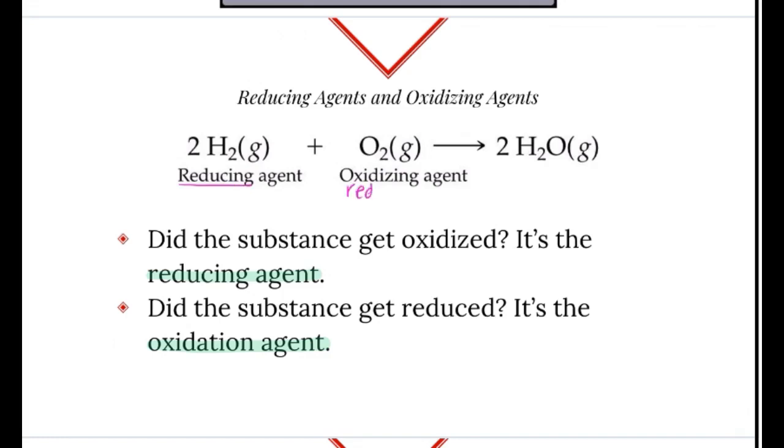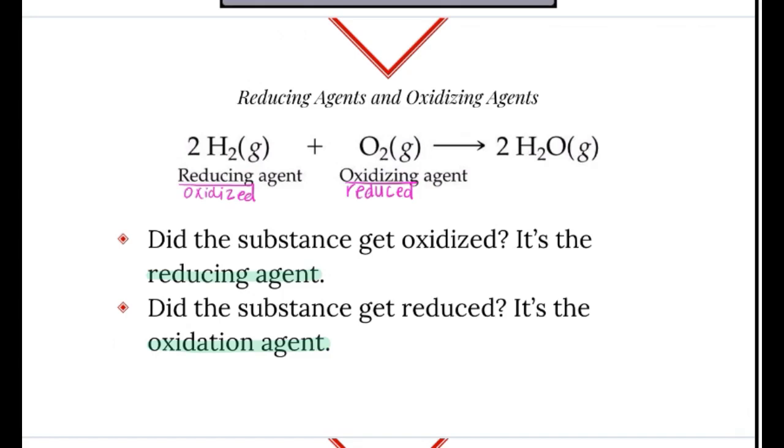The oxygen is getting reduced. If oxygen is the oxidizing agent, then it must be oxidizing the hydrogen. You can think about the agent as the opposite of what's happening to that thing. It is the agent that it is because it's doing the opposite to the other reactant.